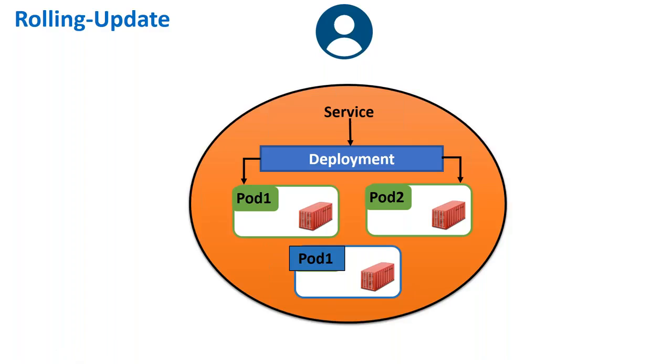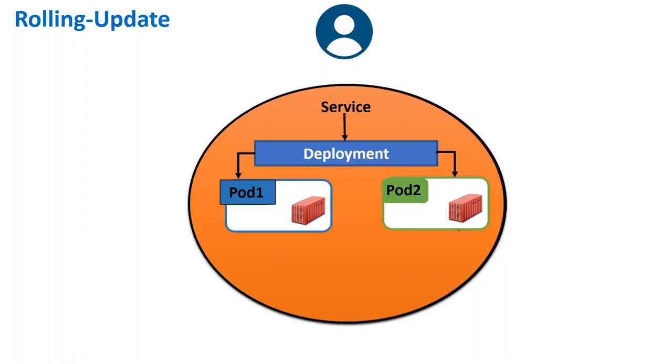Okay, and when the first new pod comes up, it will try to replace the old pod with the new pod, that is the first old pod with the first new pod, and then it deletes it. And the same way, now you can see we have one new pod and another replica is still old.